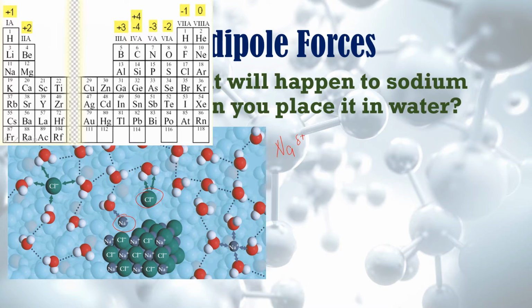So where did we get this positive charge? By the way, we use the delta symbol in Greek to represent the partial charges of the atoms. Based on the table, sodium belongs to group 1 and group 1 has a positive 1 charge. No need to write the number.